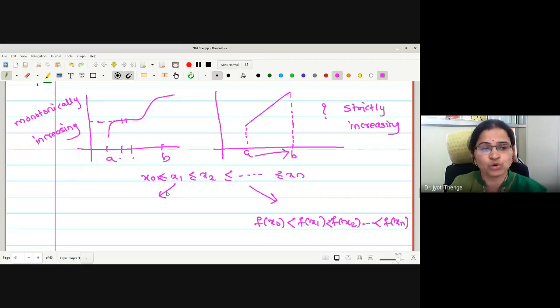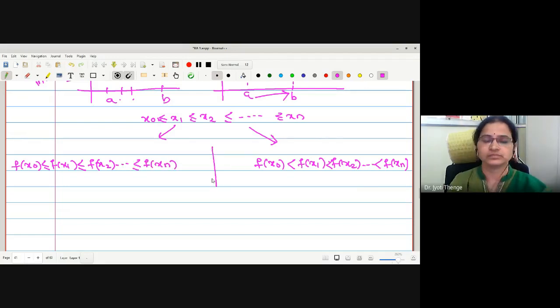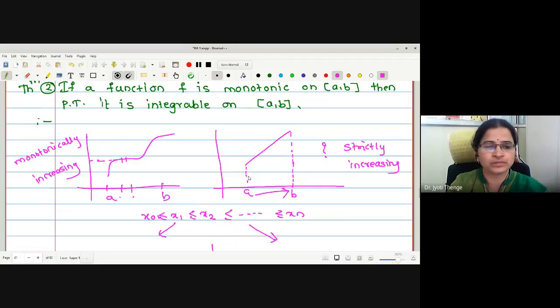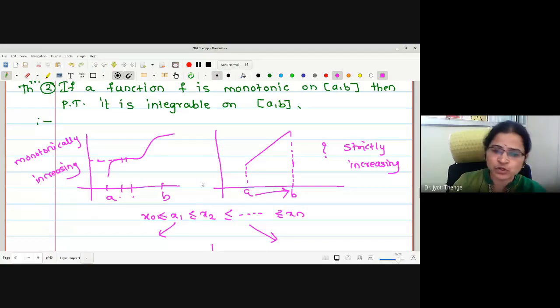Monotonically increasing means f of x naught is less than or equal to f of x1, f of x1 is less than or equal to f of x2, and so on, less than or equal to f of xn. Is the point clear to everyone? The difference between strictly increasing and monotonically increasing. Yes, ma'am. And the same is true for monotonically decreasing and strictly decreasing.